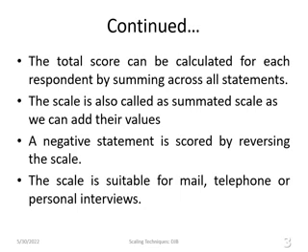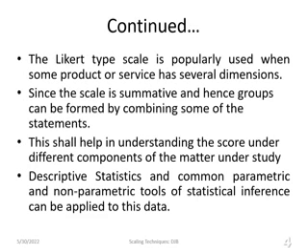But if the statements are negative, they are just reversed: strongly disagree will be 5, disagree will be 4, neutral gets the same value 3, agree will get the value 2, and strongly agree will get the value 1. So this way the reversing is done.